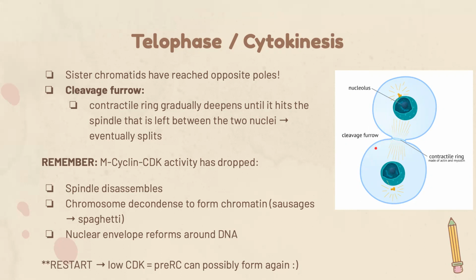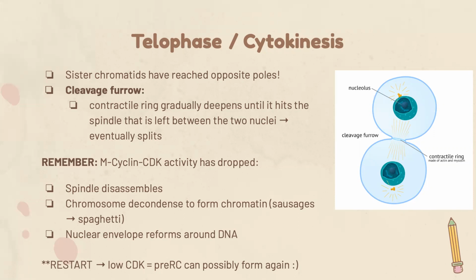The cleavage furrow is formed because of a contractile ring that deepens and deepens and constricts the cleavage furrow until eventually they touch each other or they hit whatever spindles are left in between. And then that's basically going to split the two cells apart into two different ones. So that's the end of telophase and cytokinesis.